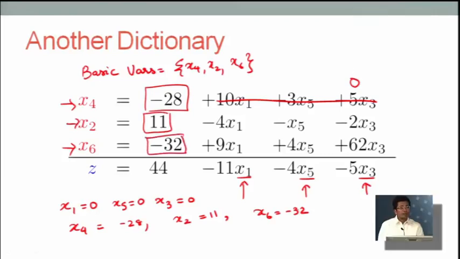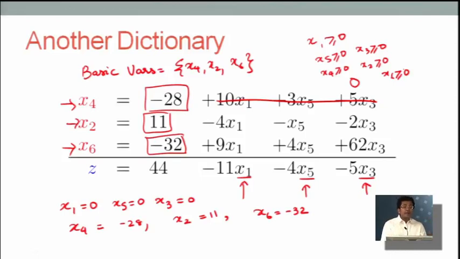Okay, so some of you may have remembered and I'm guessing some of you may have already forgotten, that there are these unspoken constraints, x1 greater than or equal to 0, x5 greater than or equal to 0, x3 greater than or equal to 0, x4 greater than or equal to 0, x2 greater than or equal to 0, and x6 greater than or equal to 0. And these are constraints that are unspoken.